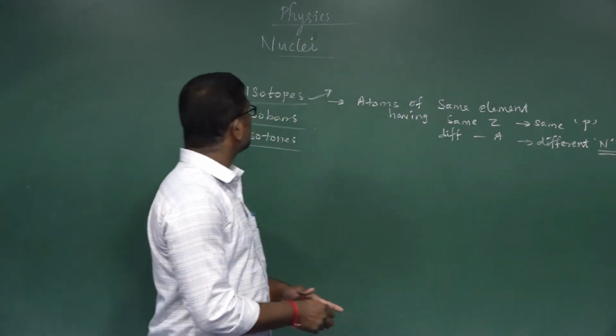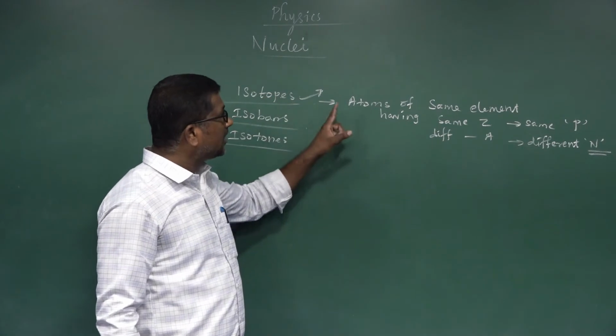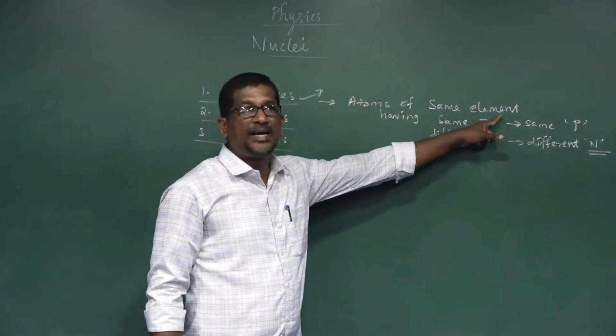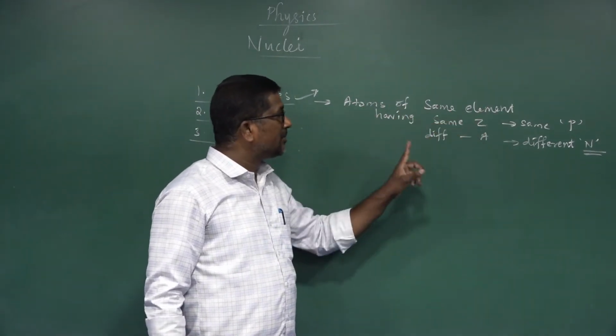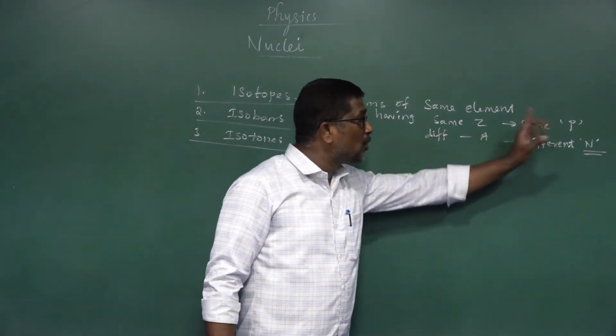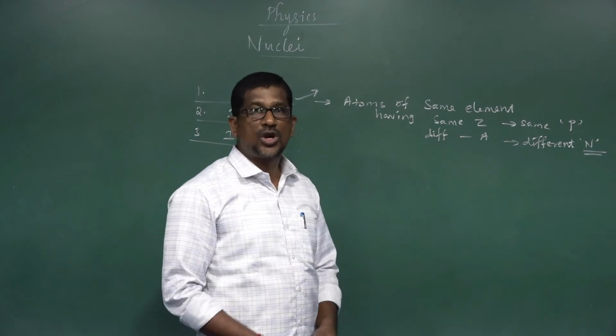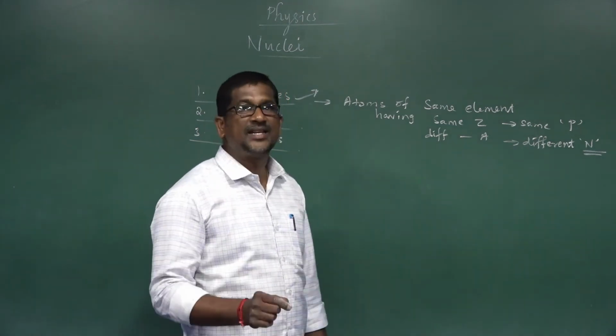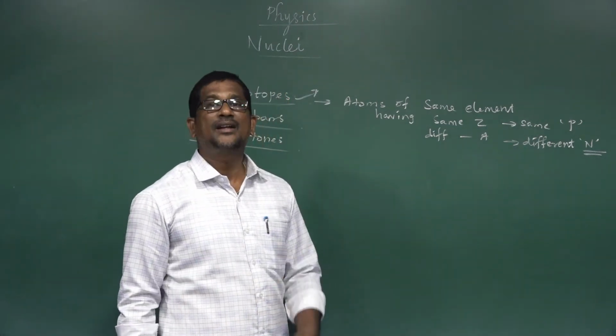Right? So what are called isotopes? Isotopes are the atoms of the same element having the same atomic number and different mass number, or the same proton number but different neutron number. Right?